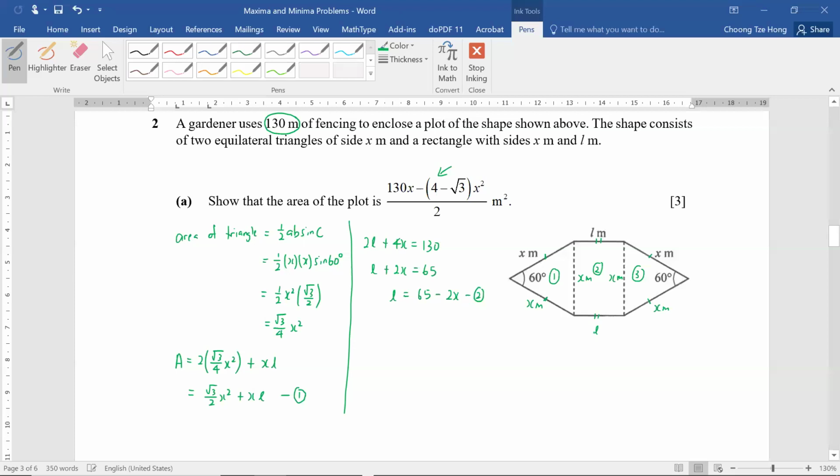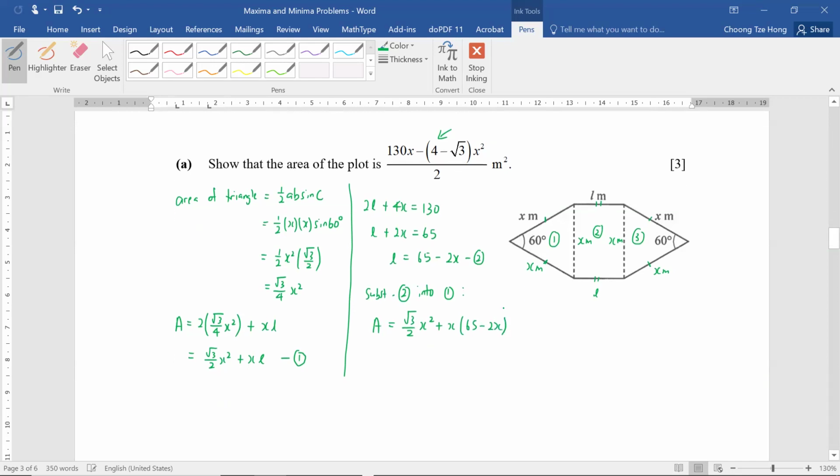This is my equation 2. Now I'm going to substitute equation 2 into 1. That's going to give us A equals square root 3 over 2 x squared plus x times (65 minus 2x).